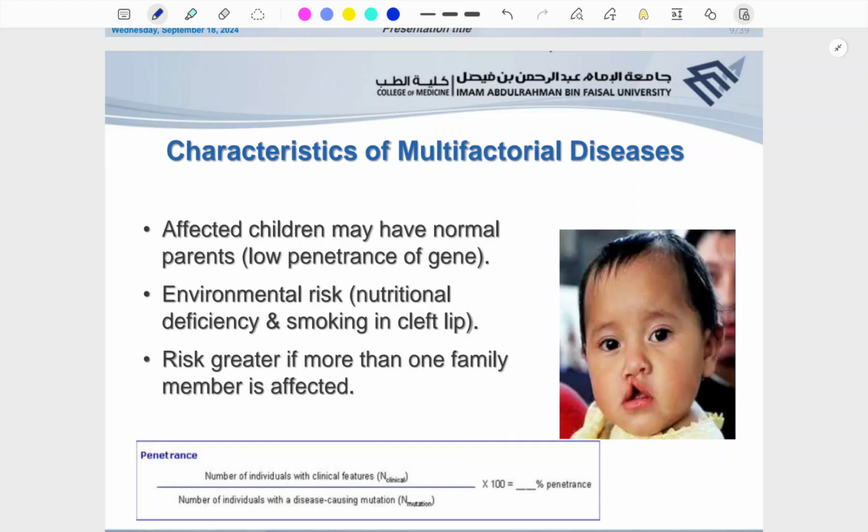BRCA2 is 40% penetrance, meaning out of the 100 who have the mutation in that gene, which leads to breast cancer, only 40% develop the disease. It's called 40% penetrance. Colorectal cancer has 100% penetrance.